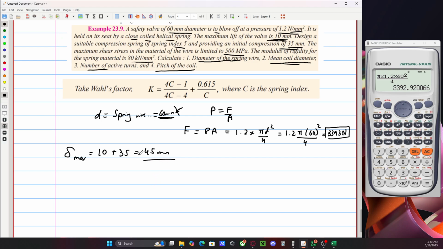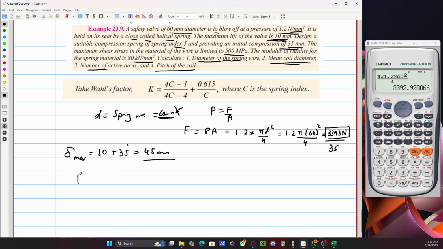We also have the initial load of 3393, which keeps the valve on its seat by providing this 35 millimeter compression. Therefore, what is the maximum load on the spring when the valve is open? This is when you have 35 millimeters, so we divide by 35 and times by 45 to get the actual load.